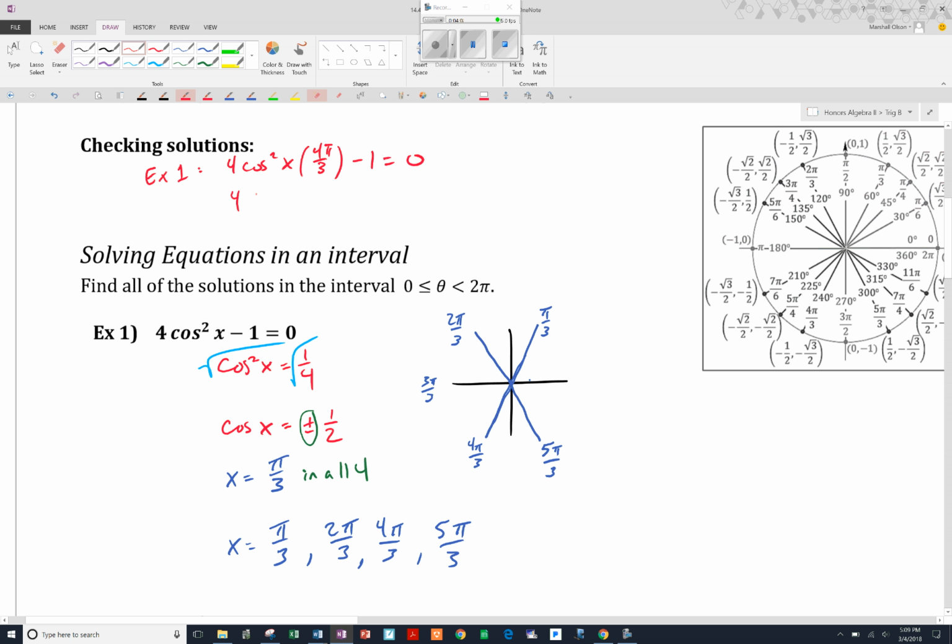Well, the cosine of 4 pi over 3 is, since it's in the third quadrant, with a reference angle of pi over 3, we're looking for cosine, so it's a negative in the 3rd quadrant. And the cosine of pi over 3, its reference angle, is 1/2.